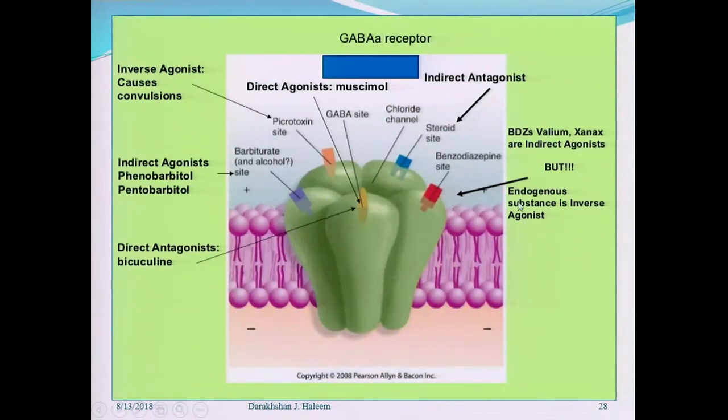So these benzodiazepines are said to be inverse agonists. Means there is some compound present in the biological system which acts as an agonist, and it reduces the opening of the chloride ion channel. Benzodiazepines just happen to bind to these sites and they increase the time of opening of this channel. Okay?